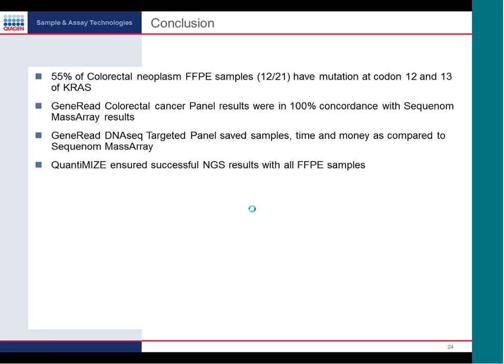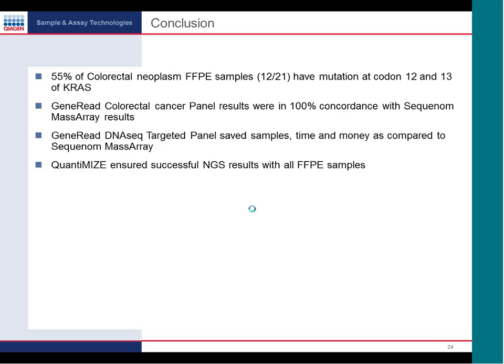Just to quickly summarize this whole thing, this case study shows that 55% of colorectal neoplasm FFPE samples have a mutation at codon 12 and 13, and the results from the GeneRead colorectal cancer panel were in 100% concordance with the sequential MassARRAY results.